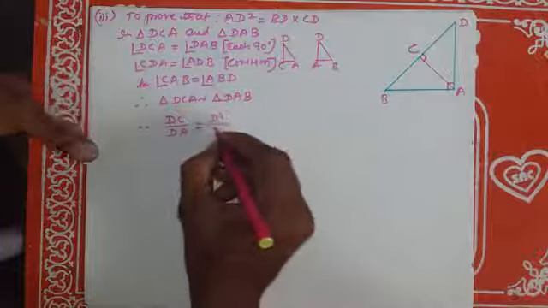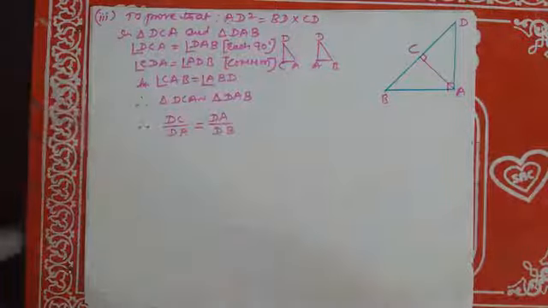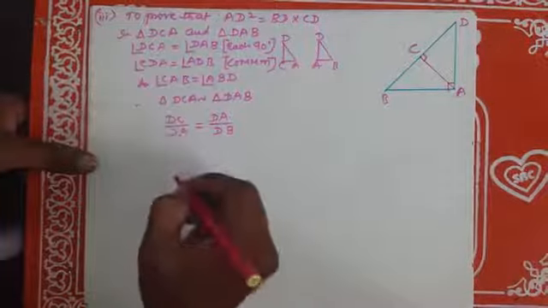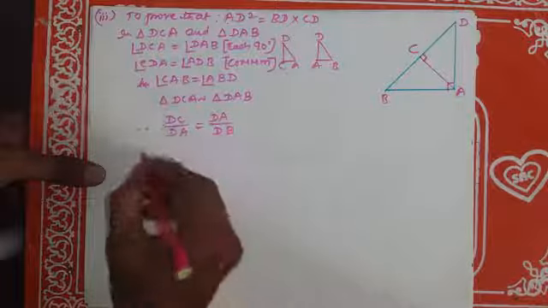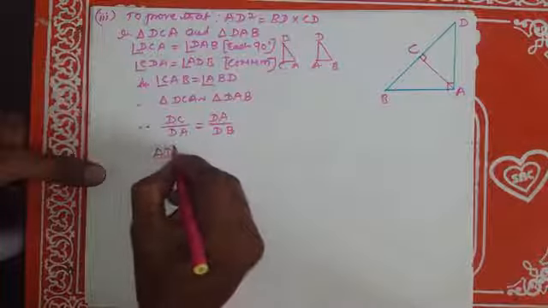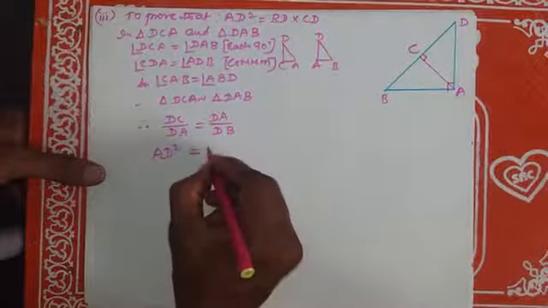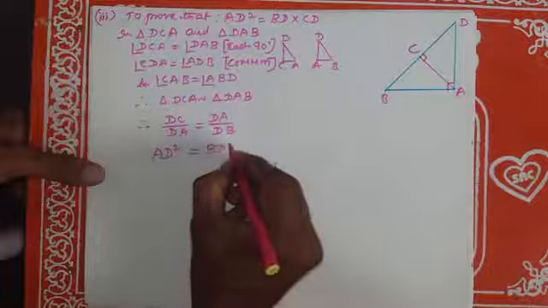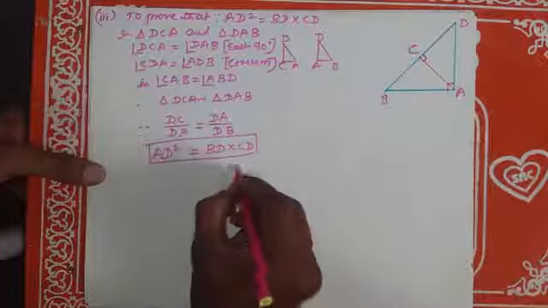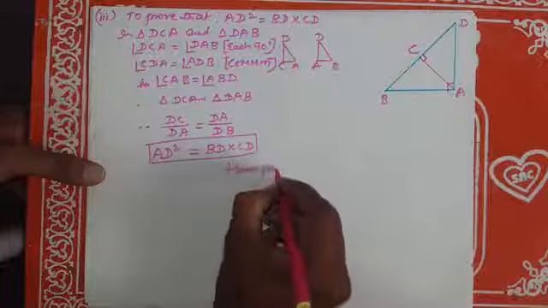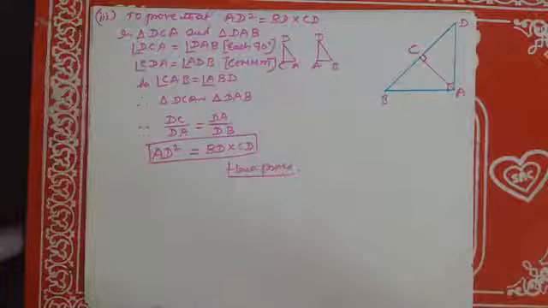By cross multiply we get DA into DA, that is AD square, is equal to DC into DB, that is BD into CD. Hence proved. This is the solution.